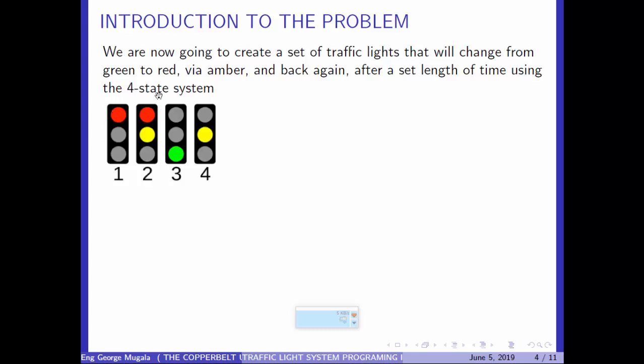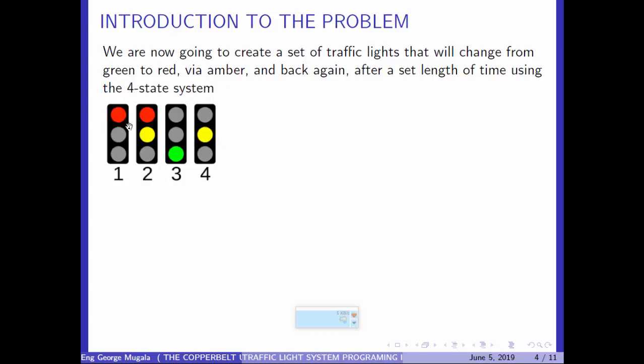So we could have the red, and then from red we could go to amber, then to green, and then to amber, and then back. I'm not really depicting this so much in the code, but let me just show you how this whole problem works.